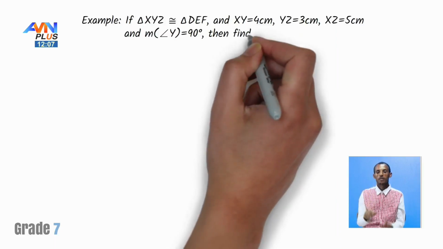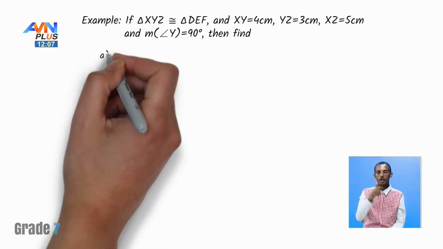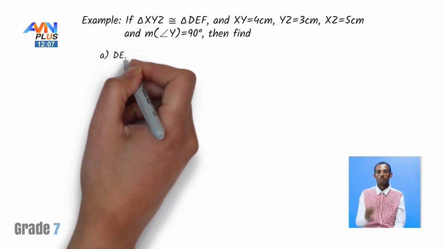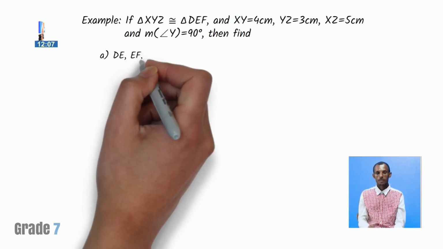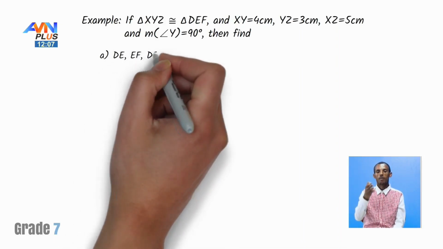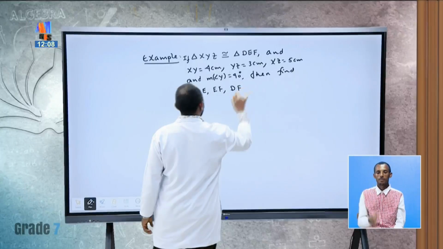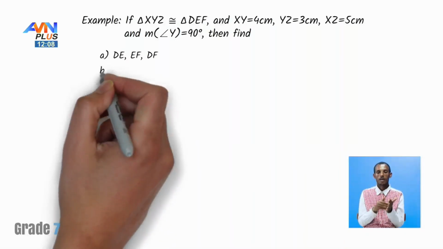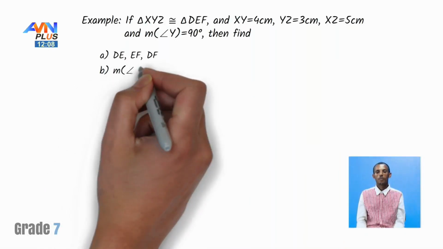Then find A, the length of DE, the length of EF, and the length of DF. Find the length of this. Again, find the measure of angle E.